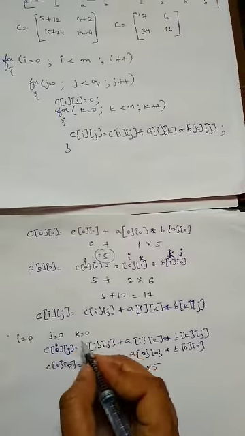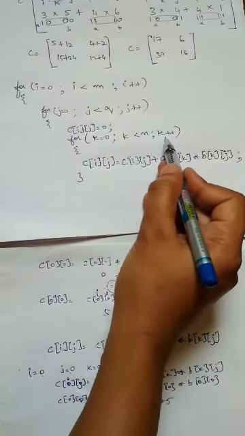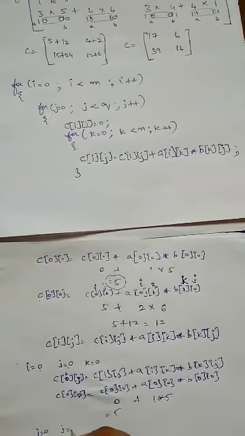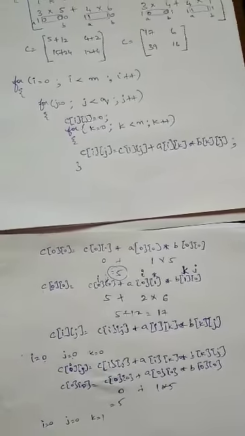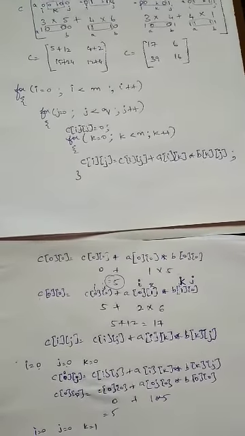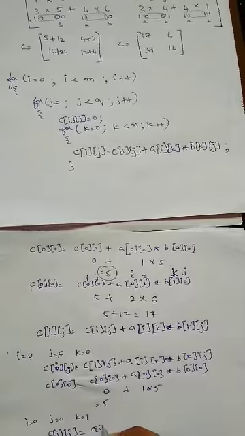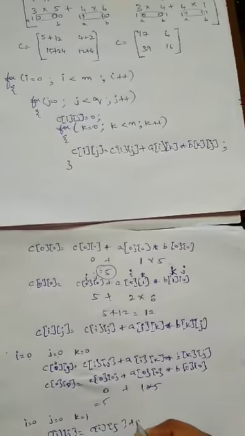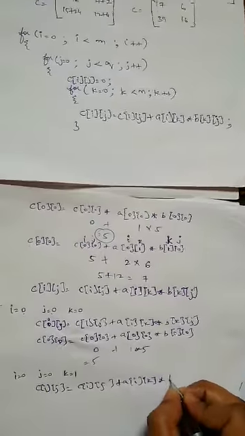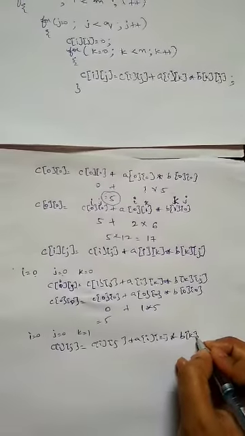So now the innermost for loop k will get incremented to 1. So now i equals 0, j equals 0 and k equals 1. Okay, now what happens? Again substitute in this: C of ij plus A of ik into B of kj.